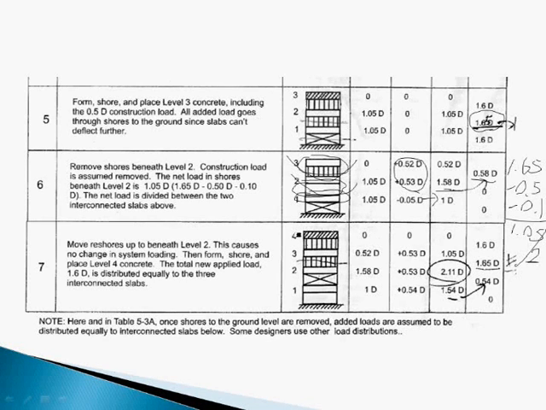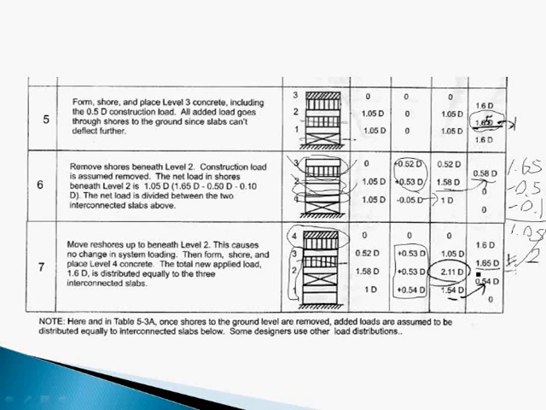Now, to step 7, we construct the fourth floor, but now because we allow floors 1, 2, 3 of slab to deflect, that amount of 1.6D is just going to be distributed evenly among slab 1, 2, 3 over here.